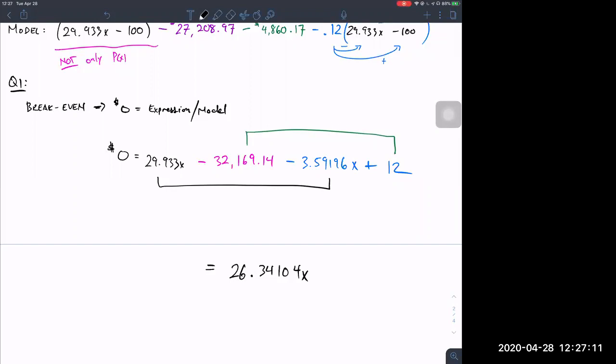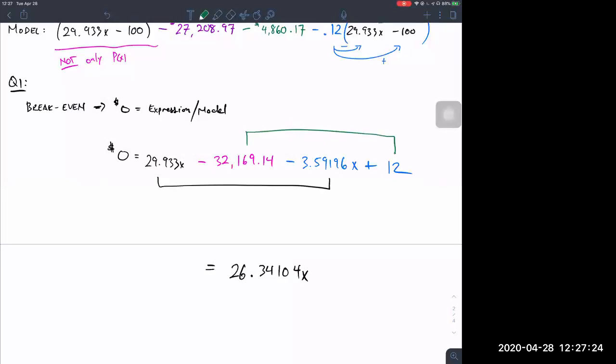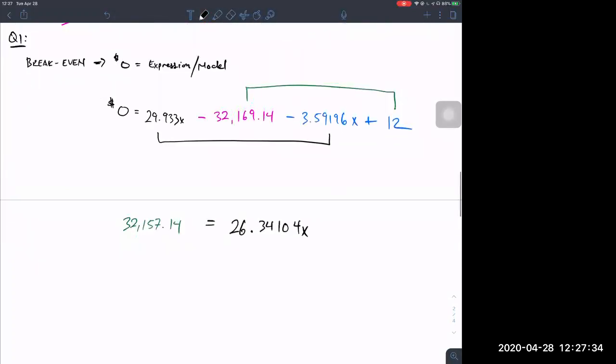what is that? 32,169.14 minus 12. In green, we have on the left side, right? You combine the pink and blue number and you add it to the other side because it was negative 157.14. And then you divide both sides by 26.34104, right?